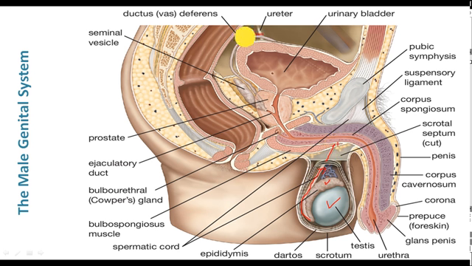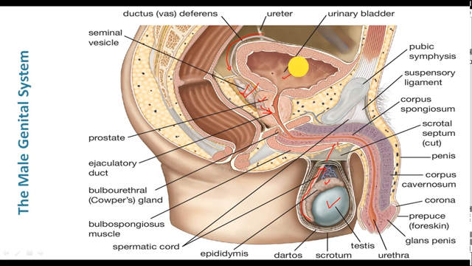It again moves backward and comes to join the duct arising from this seminal vesicle. So the duct of the seminal vesicle and the vas deferens together form a very short ejaculatory duct.